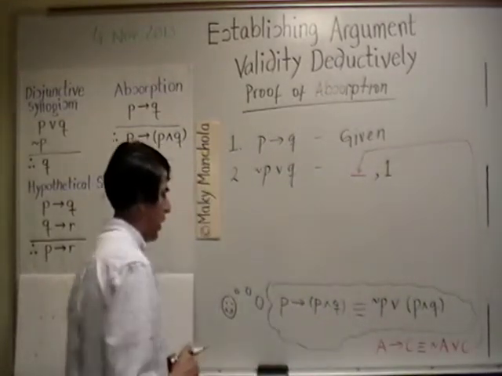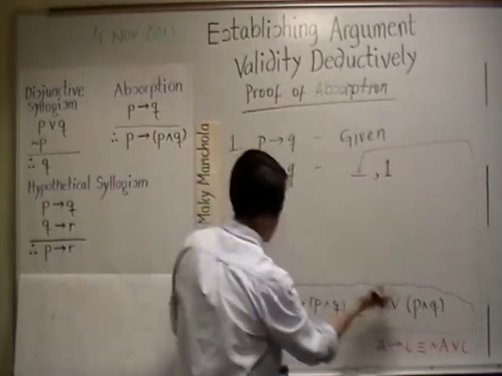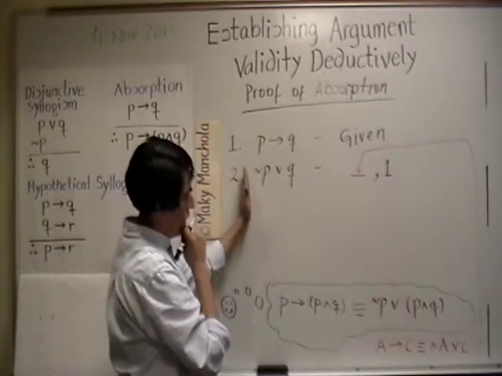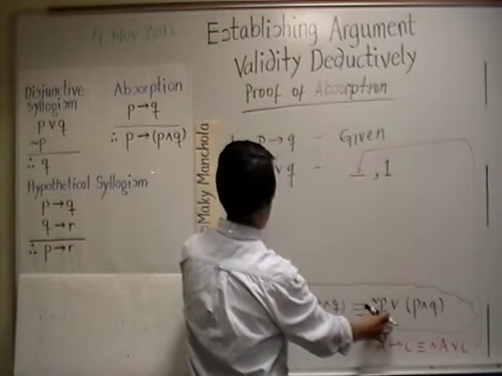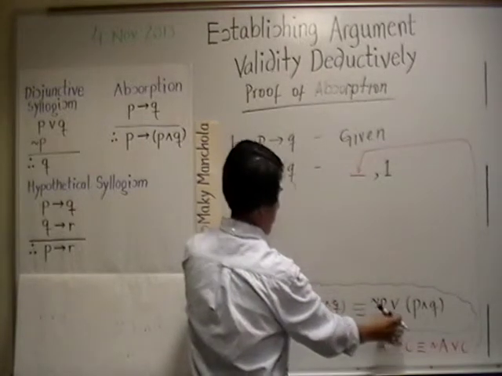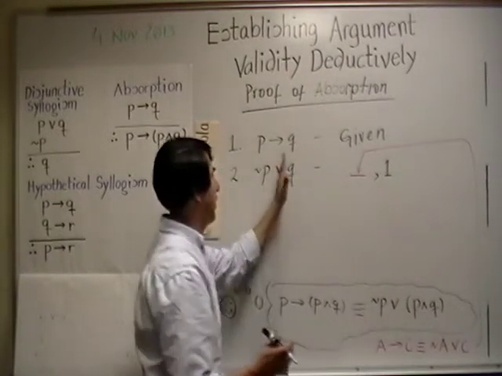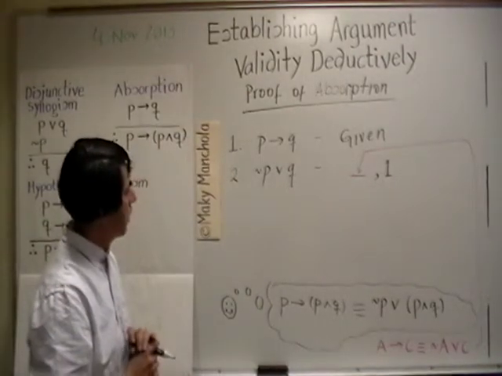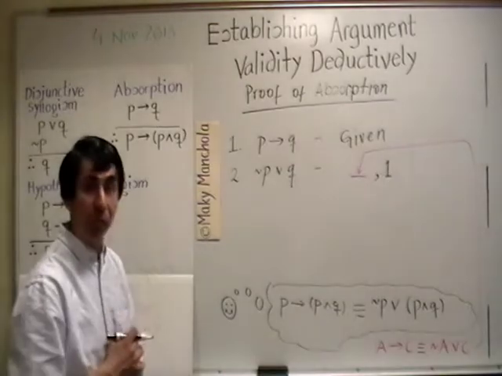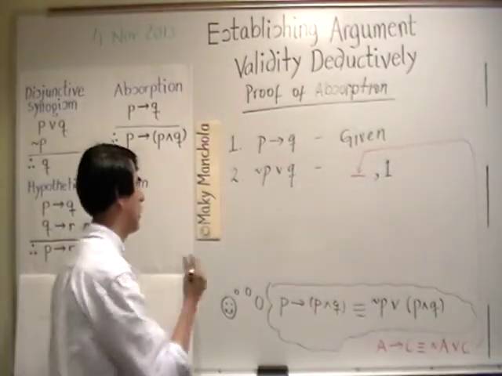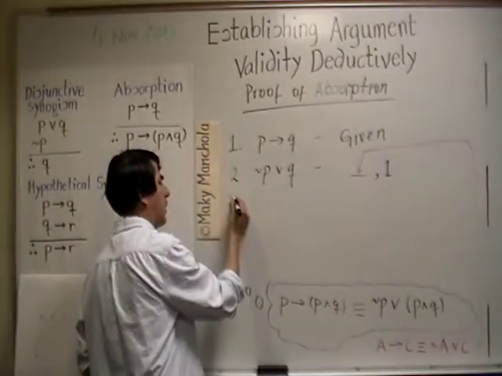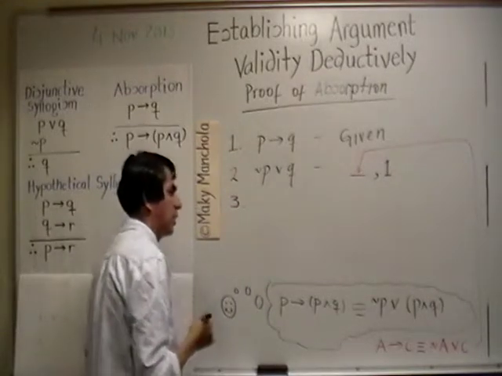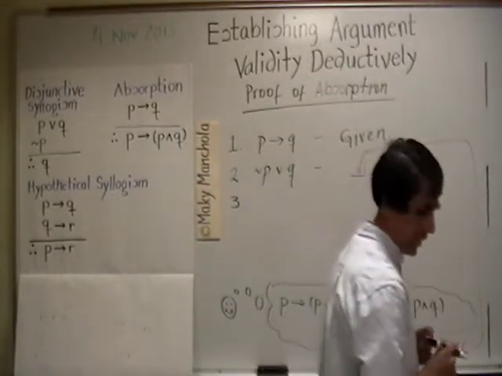Now let's see what we have out of this in here. We have the negation of P part, but we're lacking P in the second component of the disjunction. So we are going to attempt to introduce a P. Now let's take a look at a fact.